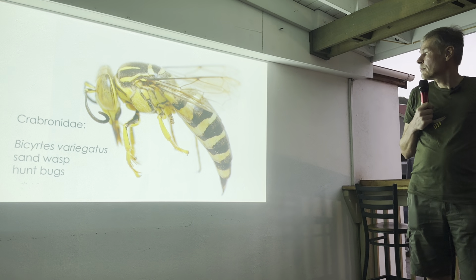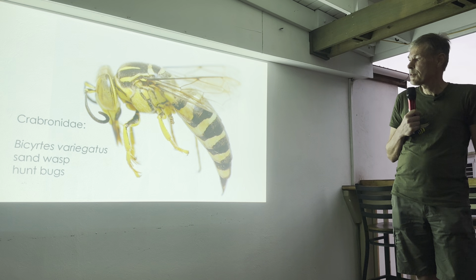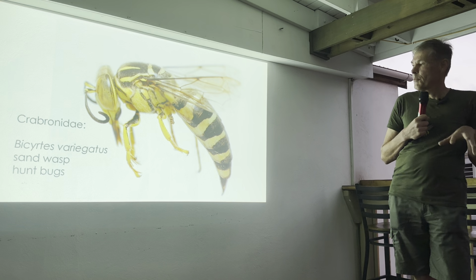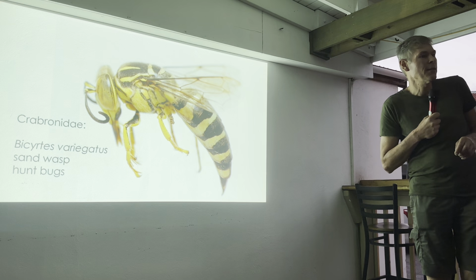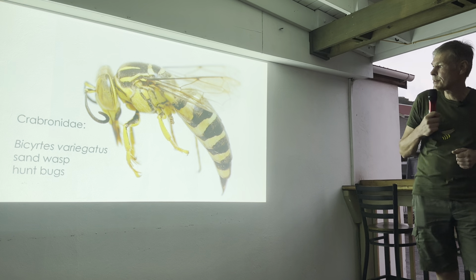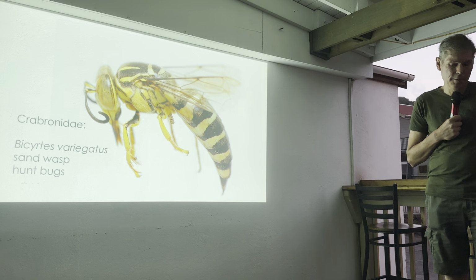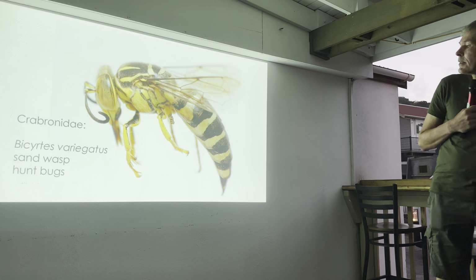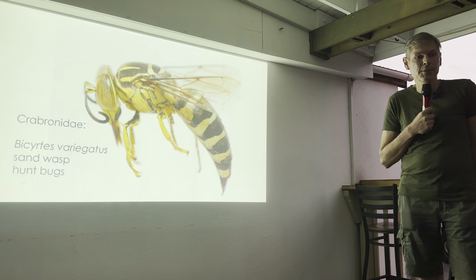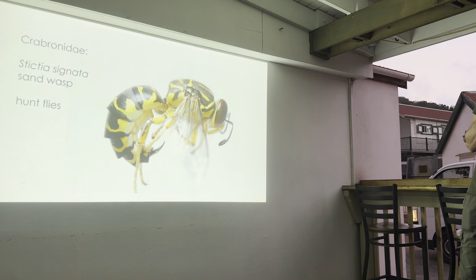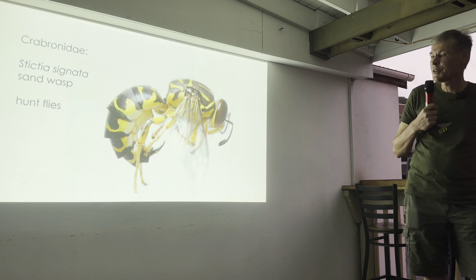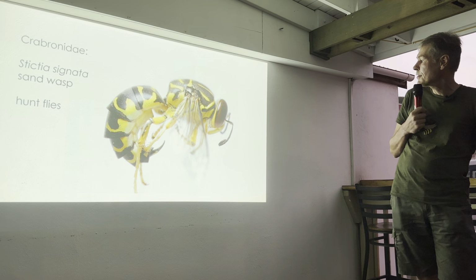These are also wasps that we found there. They're sand wasps. They make nests in the sand and like very hot, dry places. Also big species. They hunt bugs. And these you can also find, about the same coloration, but they hunt flies.